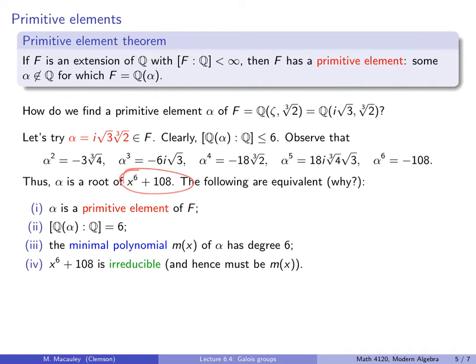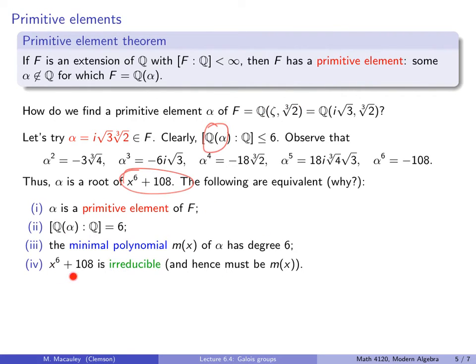If that's the case, then the minimal polynomial m of x of alpha has degree strictly less than 6, which means this field extension has degree less than 6, so alpha is not primitive, because in that case this field extension would not be equal to the entire field extension Q adjoin zeta and cube root of 2. Okay, so you got this? This is what we're trying to prove, that any of these statements hold. So how do we do this?